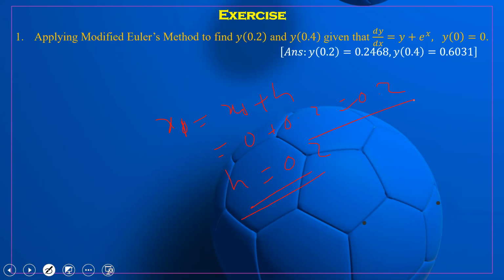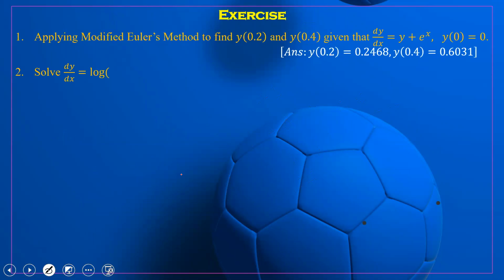We get the value of y at 0.4. First we get the value of y2 at 0.4, and then we again use the modified Euler's method for the best approximation. In this manner, we are able to find the value of y of 0.4.